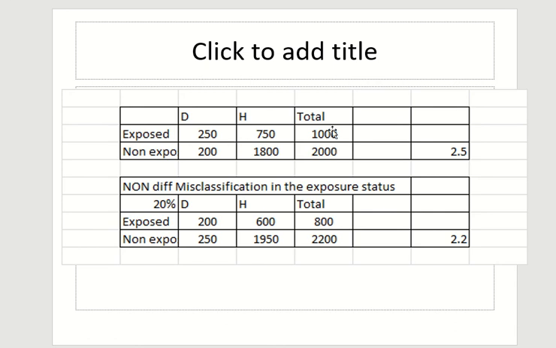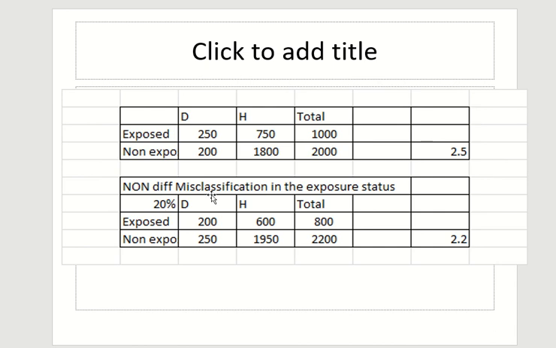It's 250 over 1,000, so we have 25% risk in the exposed, and 200 over 2,000, so we have 10% risk in the not exposed. 25% over 10%, that's 2.5. The true relative risk is 2.5, and therefore those that are exposed are at 2.5 times higher risk of developing the disease than those who are not exposed. I'm using the word risk because I'm calculating a relative risk.